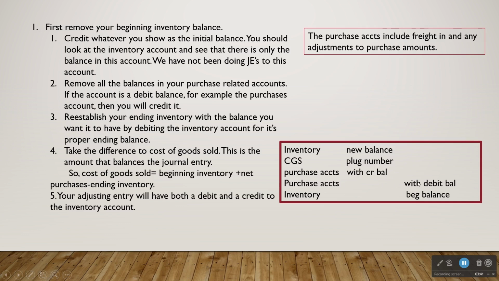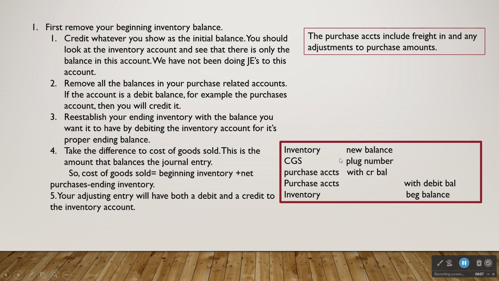It will be credited. Now, cost of goods sold will be a debit, because that's the way it's going to show up on the financial statement. And if you were to look at your account called cost of goods sold, you will see that it is zeroed out. It has no balance. You are establishing a cost of goods sold for this time period, and you're doing it when you do this journal entry.